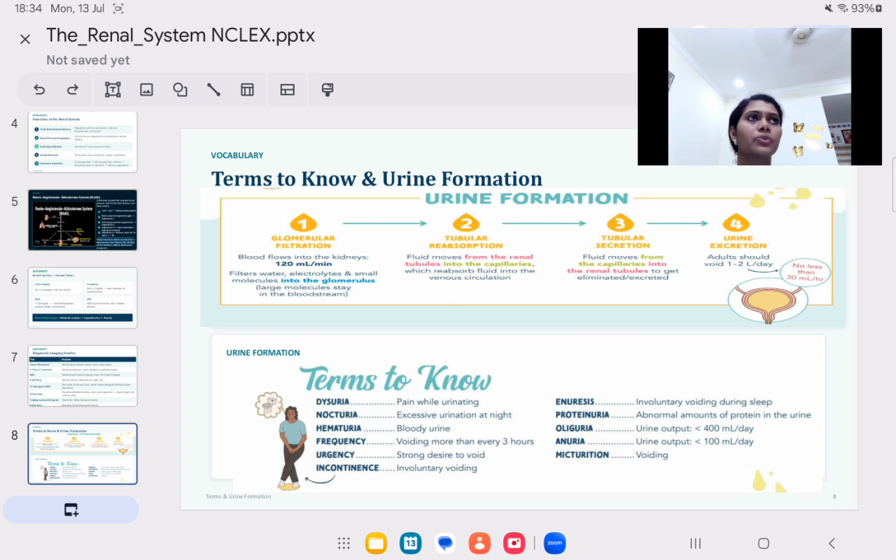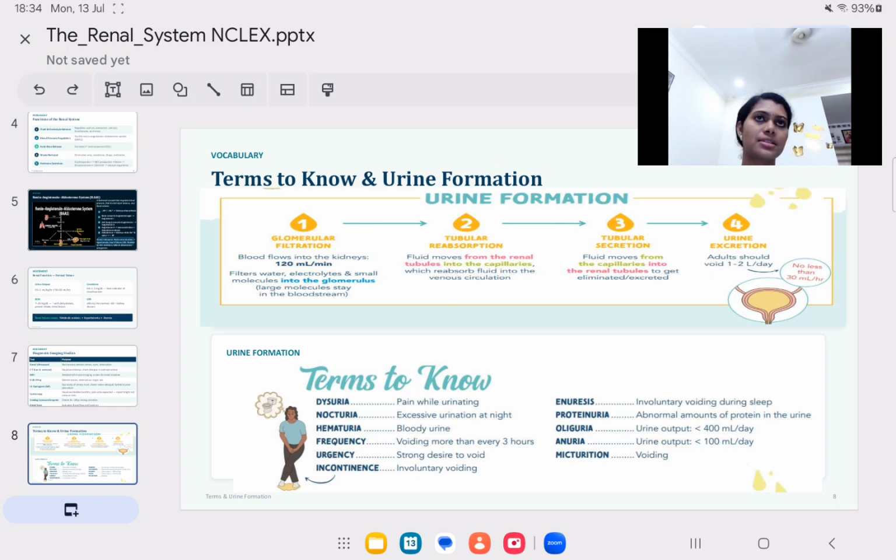While in bed, the patient will go 4 or 5 times to pass urine. Then hematuria means blood in the urine. Frequency means voiding more than every 3 hours.